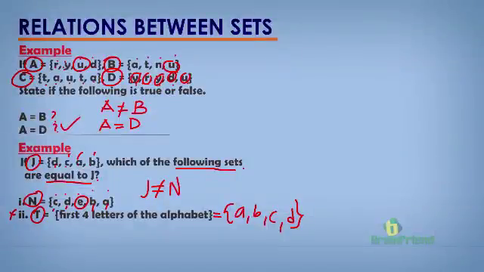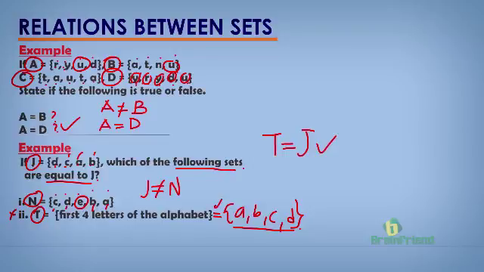If we compare these with our set J that has D, C, A, B, we'll find that every element in our set T is also present in J. Therefore, we say T is definitely equal to J.